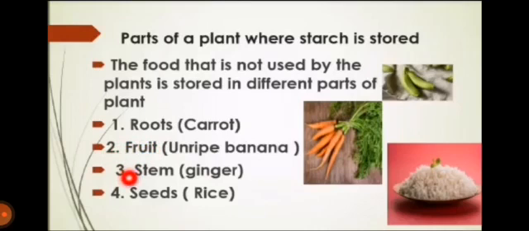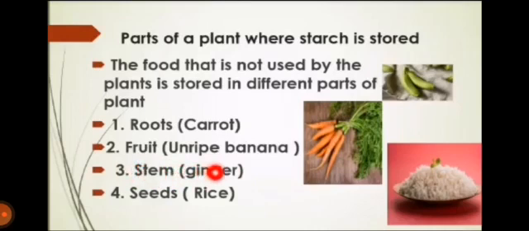Sometimes plants store their extra food inside their stem and we use that stem as food. Like you eat sugarcane, you eat potatoes, that are stems. Similarly, you eat ginger, that is a stem. So some plants store their food inside their stem.